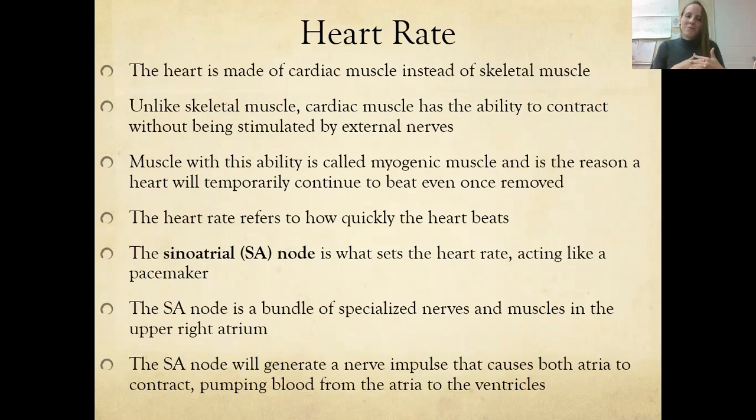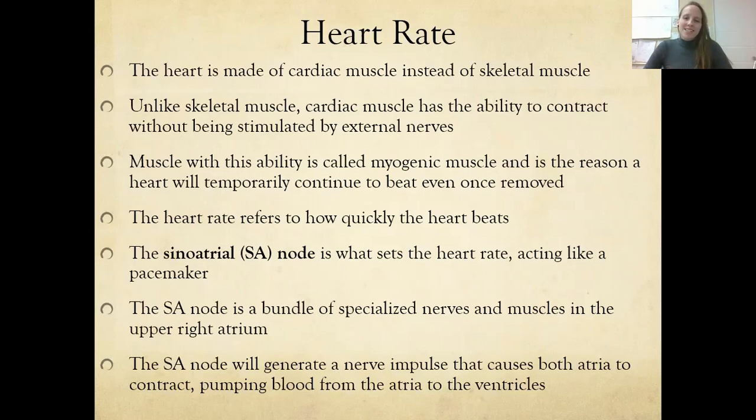But with cardiac muscle, the heart can continue beating even if it's completely cut off from the central nervous system and there are no interneurons involved. That is why you can actually remove someone's heart and it will keep beating for a few minutes, not indefinitely.